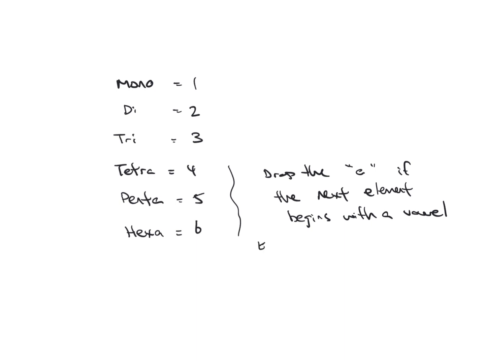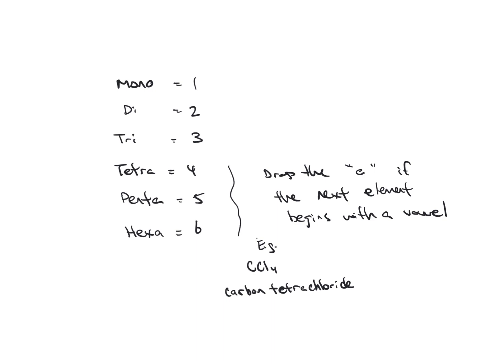So for example, let's say CCl4, that would be called carbon tetrachloride. Okay, so we keep the A on tetra because chloride starts with a consonant.